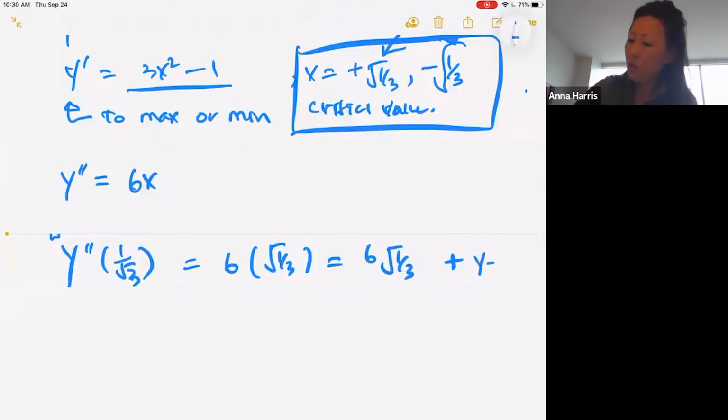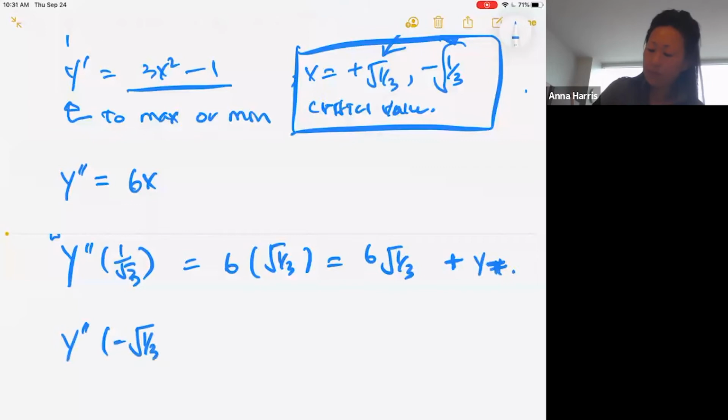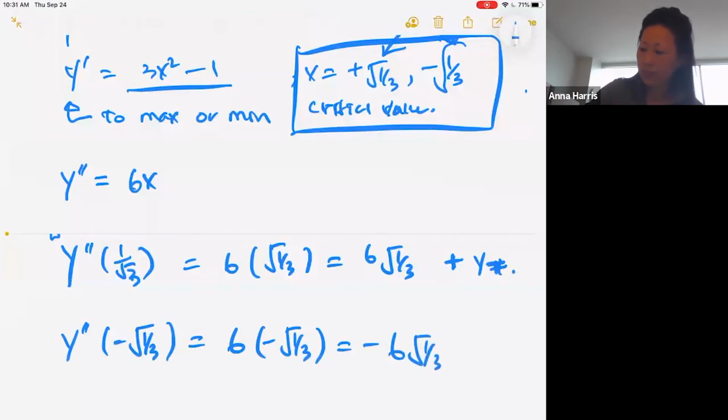Next one, take the second derivative and then plug in the other number, which gives me what? Negative number.